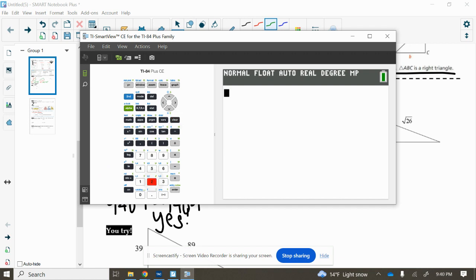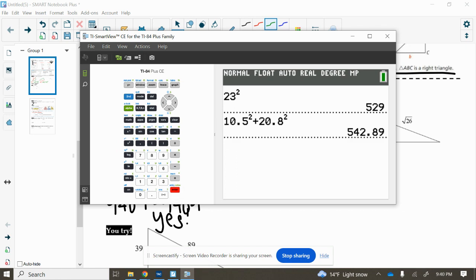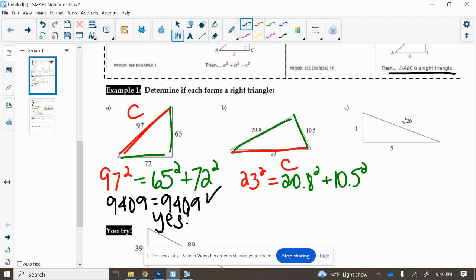So does 23 squared equal 10.5 squared plus 20.8 squared? This time the answer is no. 529 does not equal 542.89. So this one would be no, that's not a right triangle.